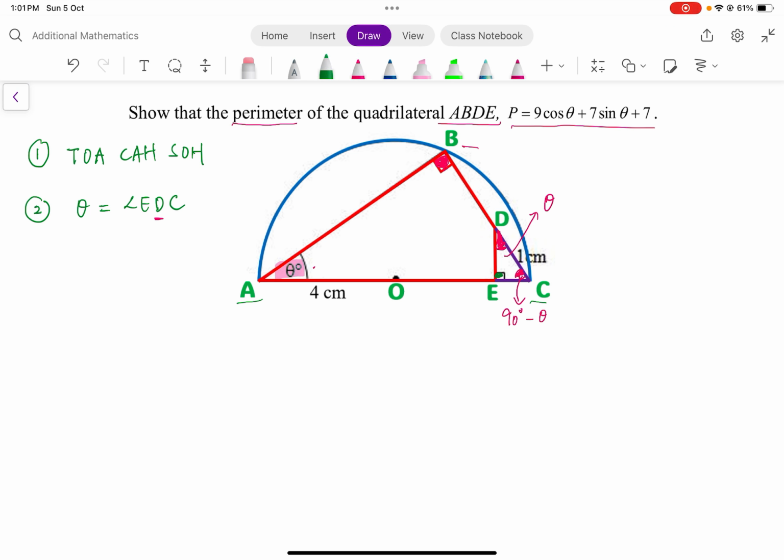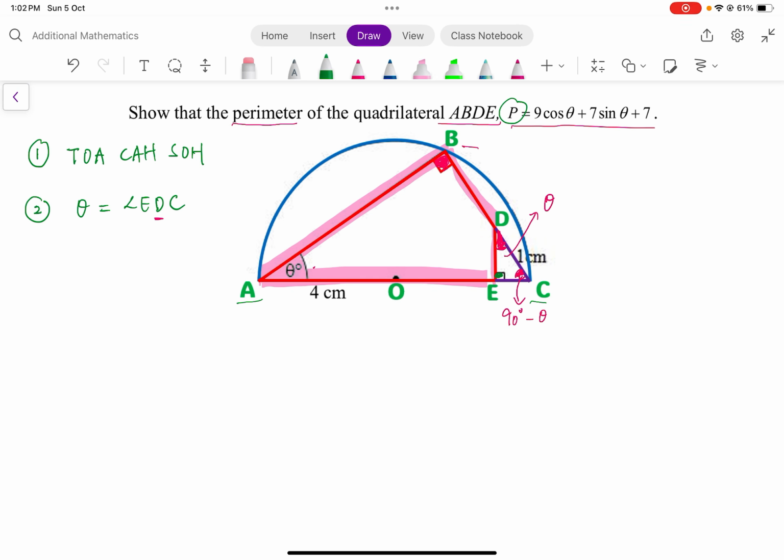So over here, if I want to prove for P, which is equal to 9 cosine theta plus 7 sine theta plus C. Now, let's take a look at what is P. This is a perimeter, which means the perimeter will give me the length AB plus BD plus DE and AE.